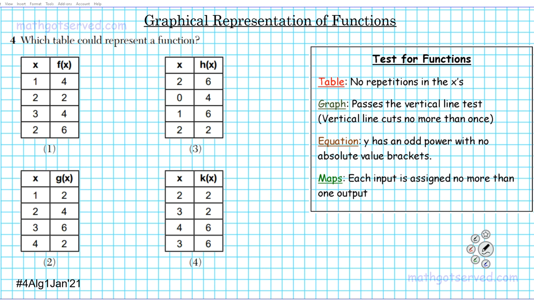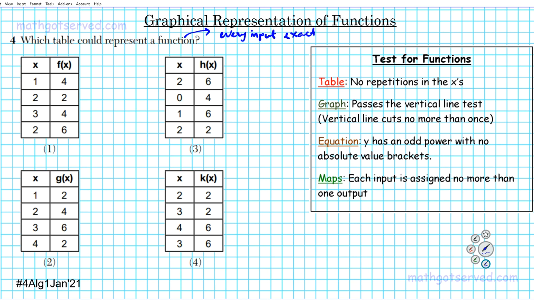So you want to recall that a function is a rule that assigns every input exactly one output. Okay, so that's basically what a function is. Let's make a note of that on the side. So a function assigns every input exactly one output.